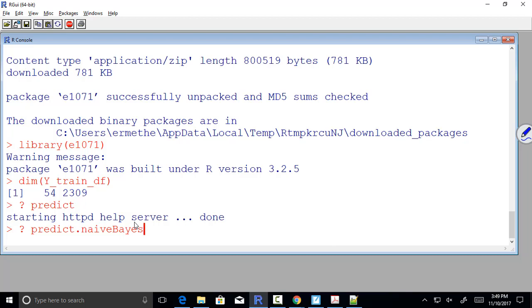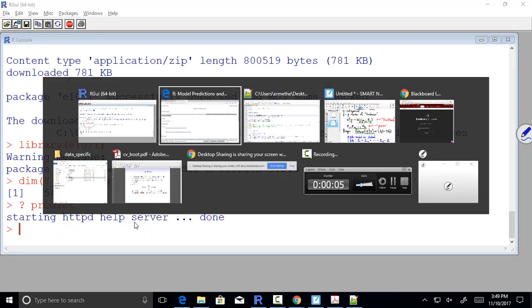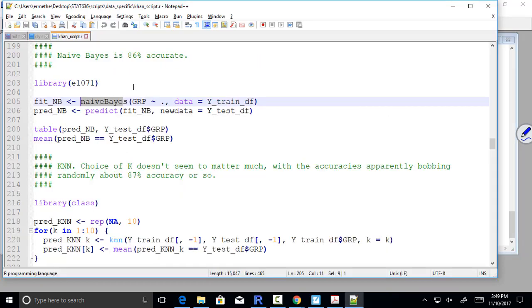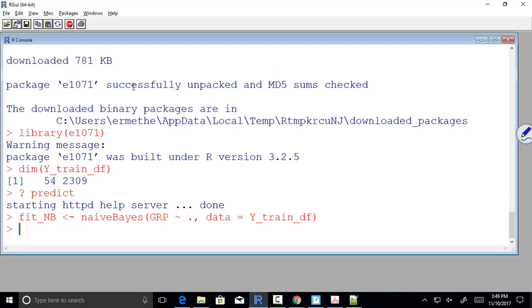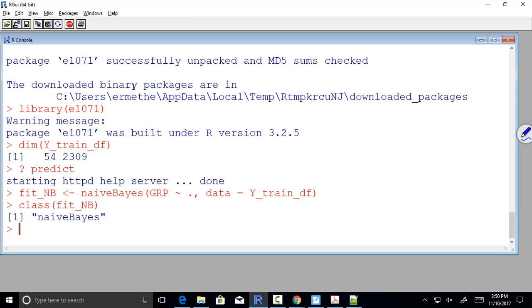In our case, the name of our class, whenever I fit this model, if I ask for class of fit NB, I get naive Bayes. And there is a version of predict that is specific to naive Bayes.